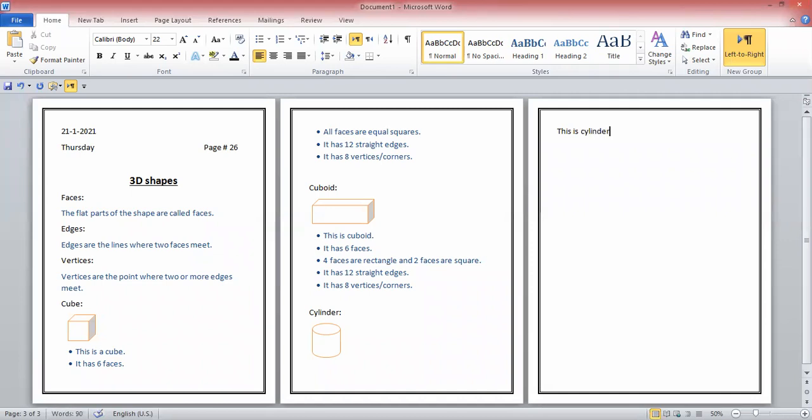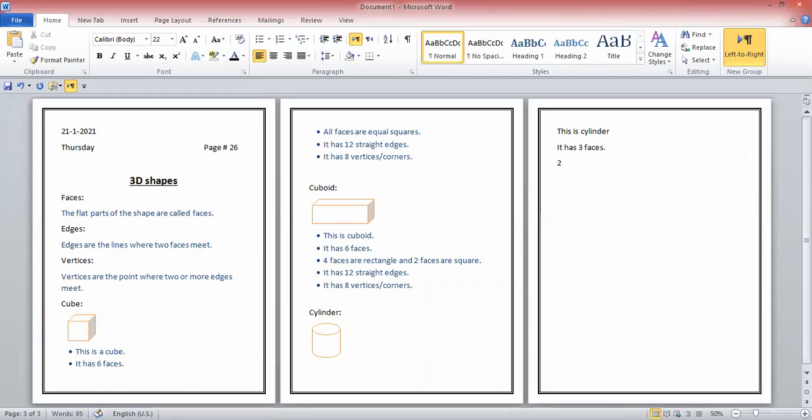Okay. This is cylinder. It has three faces.